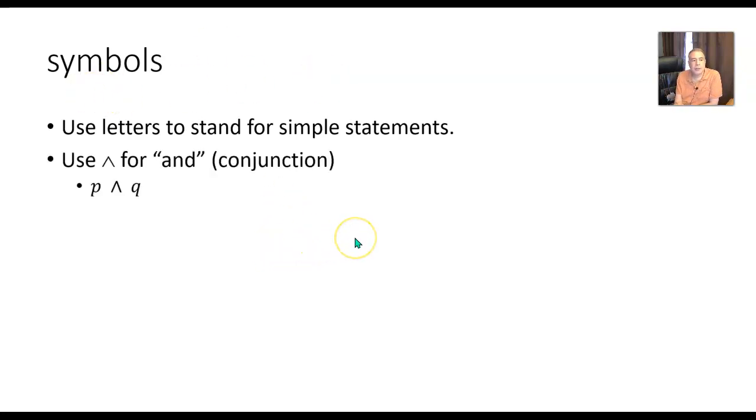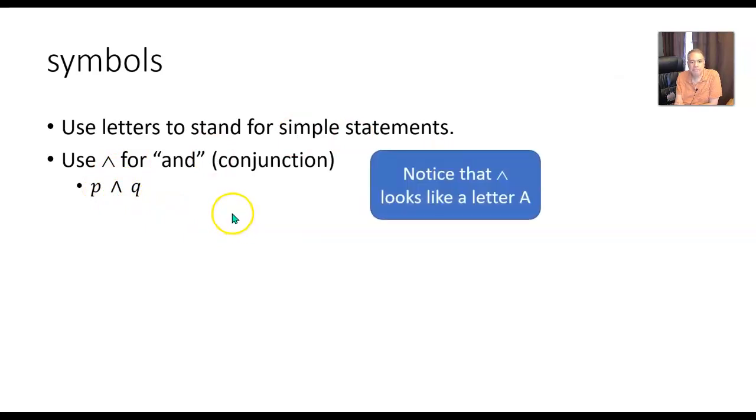Then the symbol for and looks like this. It's an up pointy thing. So if the letters P and Q both stand for simple statements, the conjunction of those, P and Q, would be written like this. And if it helps you to remember that, notice that the symbol for and looks like a capital letter A, but without the part that goes across in the middle.